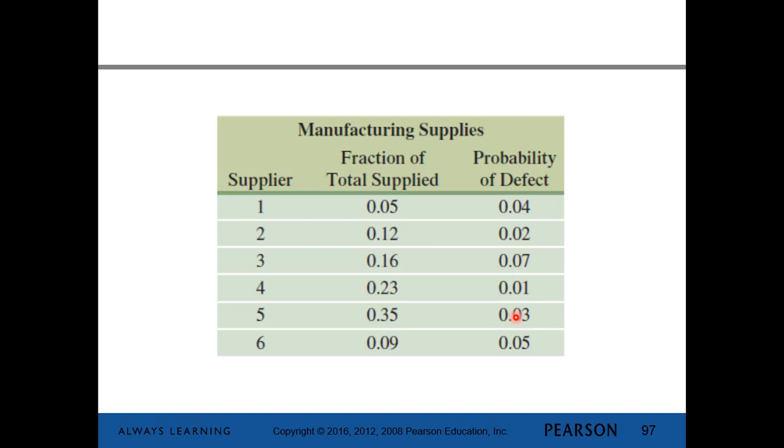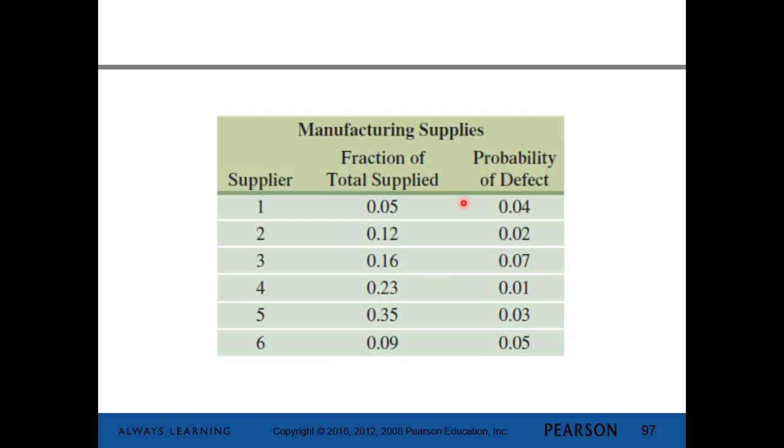So now I can say, okay, what's the probability that the item came from supplier 4, given that I know the part is defective? Well, what's the probability of being defective? In this case, I'm going to use Bayes' theorem because I need to find the total probability of being defective.